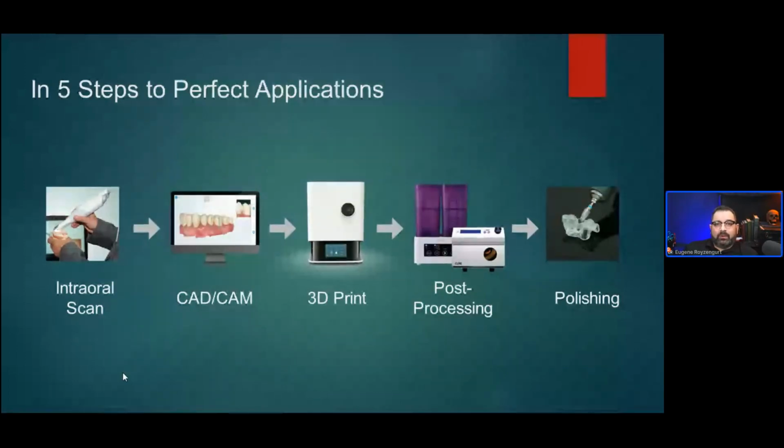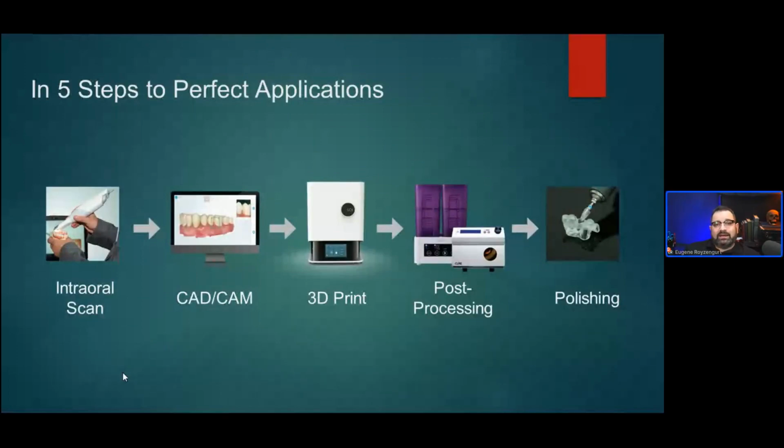But from that point on, when the file arrives, for example, if you're doing a model, you need to make sure to take that file that you receive. If it was sent through 3Shape through a 3D scanner, for example, it's going to come in a DCM format. So not the format that you're used to using for your CAD/CAM. So unless you're using 3Shape to generate your files, you're going to have to convert that to an STL file.